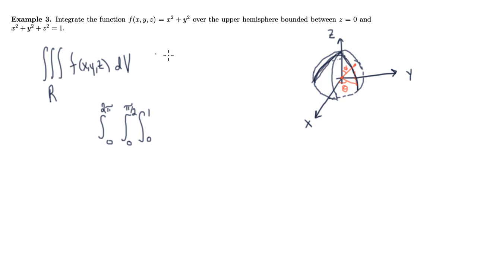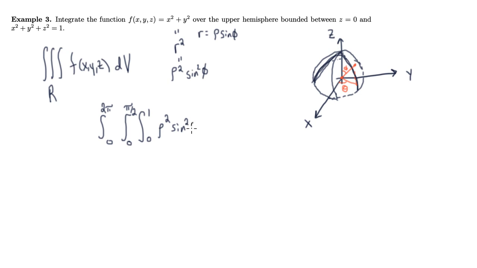Our function is x squared plus y squared, but that's equal to r squared. And recall that r in polar coordinates is rho sine phi. So actually our function is just rho squared sine squared phi. So that's our function, which is x squared plus y squared.